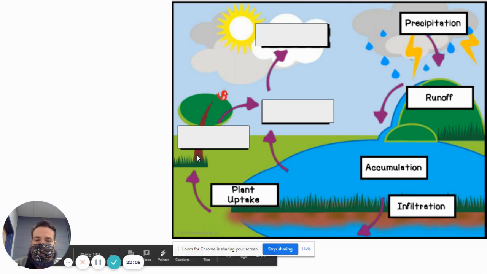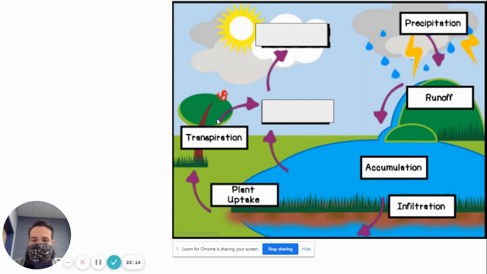We have plant uptake. So the plant is uptaking H2O through its roots. We have transpiration as the leaves are releasing water vapor. We have evaporation. So we have water vapor evaporating into the atmosphere. Transpiration is part of that.